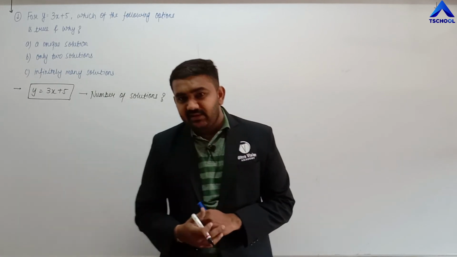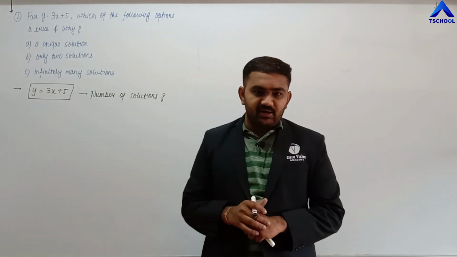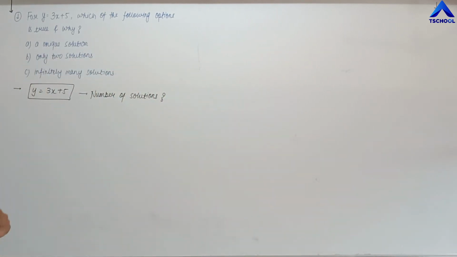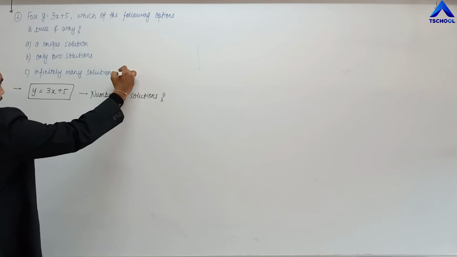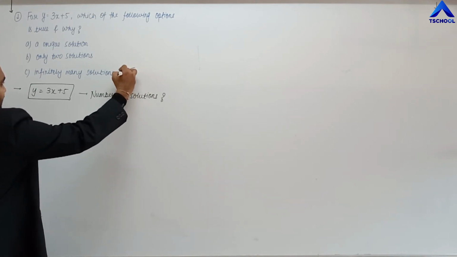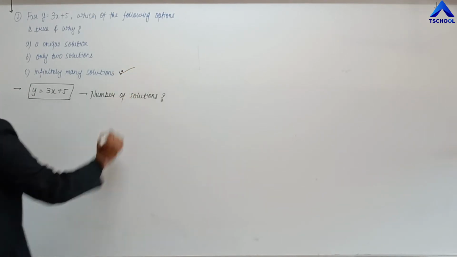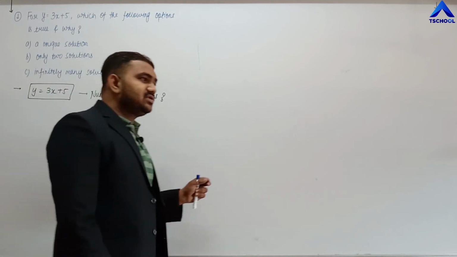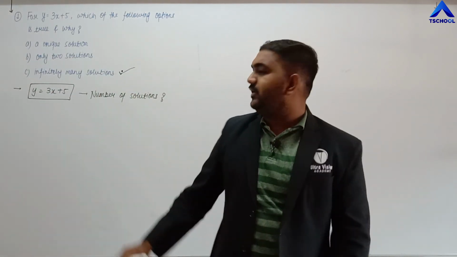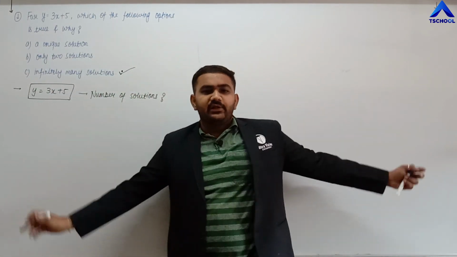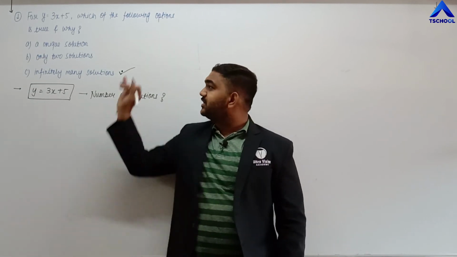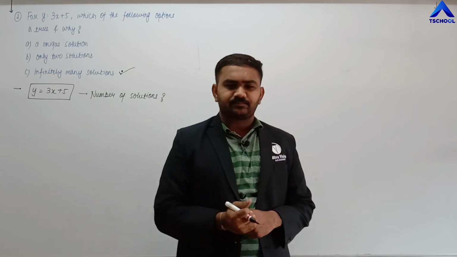But whenever a linear equation in 2 variables is given to us, note it, friends, that this linear equation in 2 variables will have infinitely many solutions. How many? Infinitely many solutions. Suppose I take different values of x. How many values of x can you take here? All the real numbers? Yes or no?